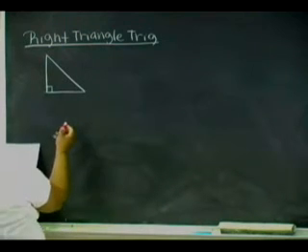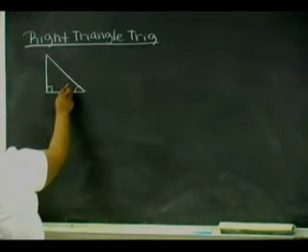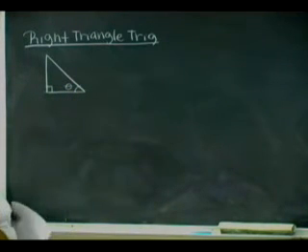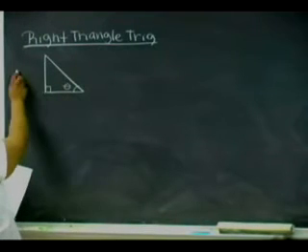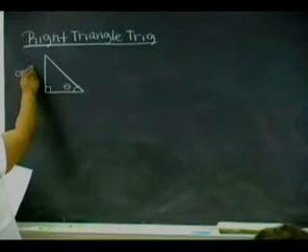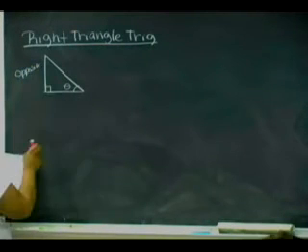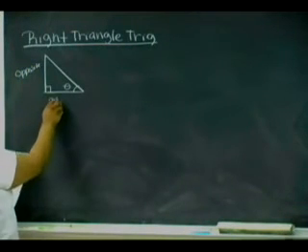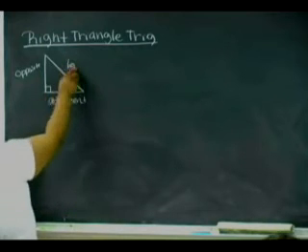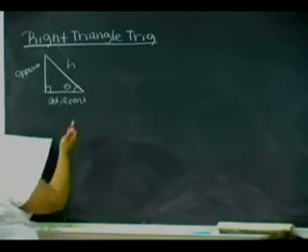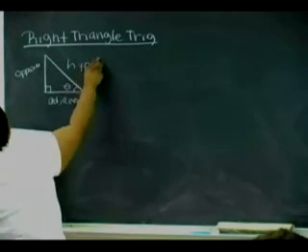If we have, let's say, some angle theta, then from this angle theta, this is called the opposite side. This is called the adjacent side. And this longest leg here is called the hypotenuse.